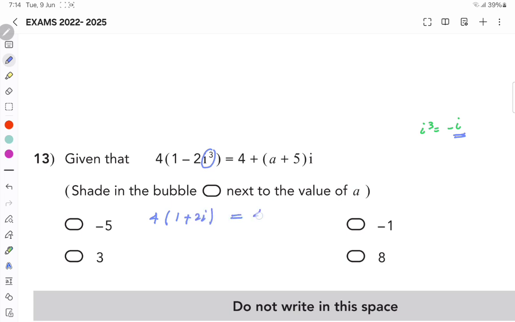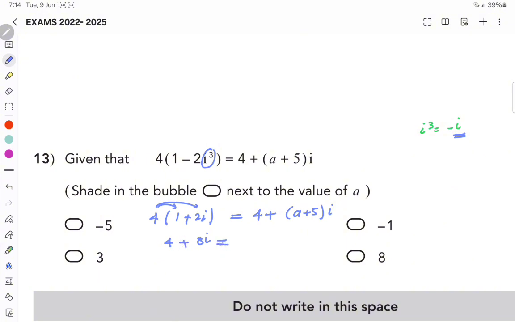All of that is equal to 4 plus a plus 5i. It's a very important point to know: if you have to equate complex numbers, that means real equals real and imaginary equals imaginary. So simplify that first by expanding. 4 times 1 will be 4. 4 times 2i will be 8i. It's equal, sorry, here plus.